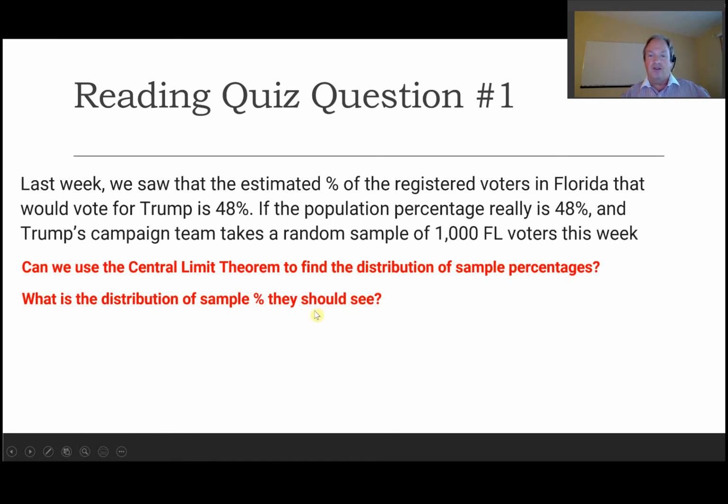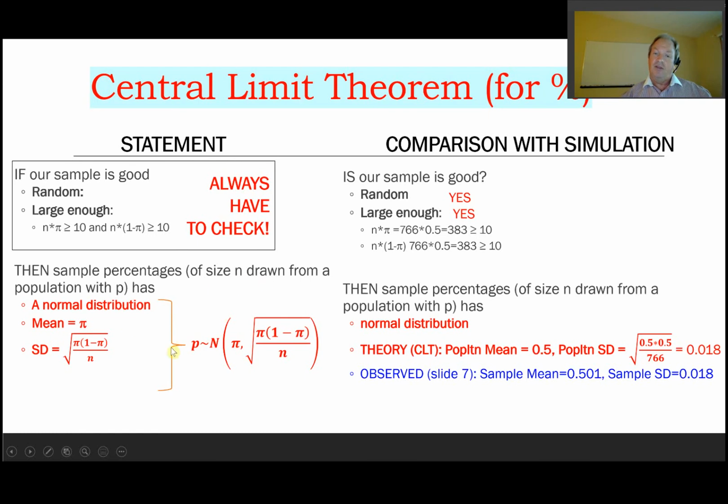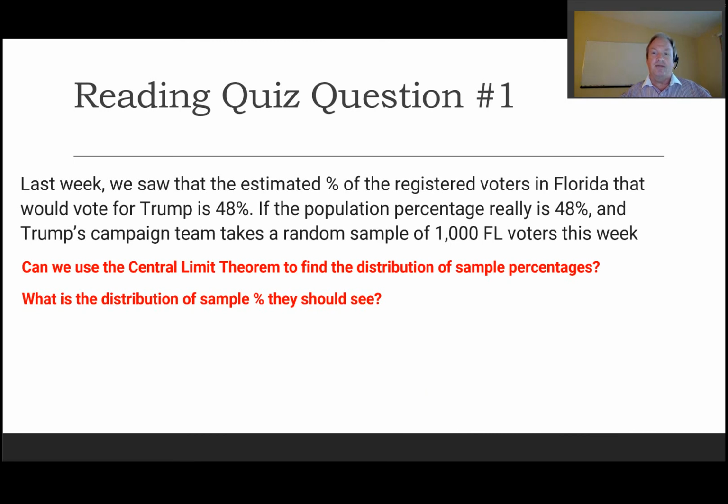If you're convinced that they're satisfied, what distribution of sample percentages should they see? In other words, what does the central limit theorem tell us about the sample percentages that I should see? So go ahead, take a minute and answer that.